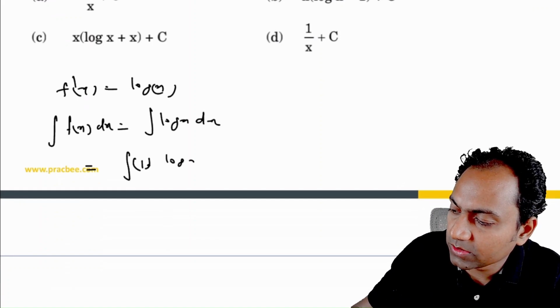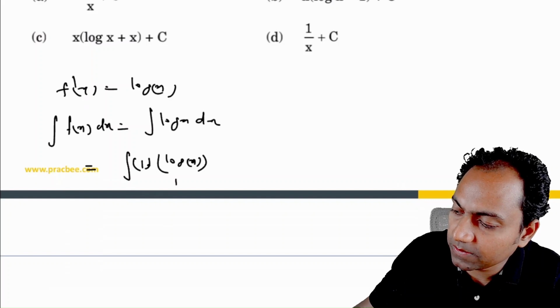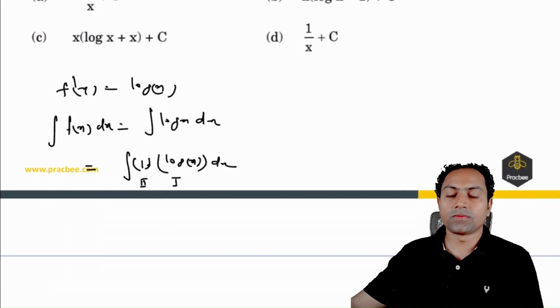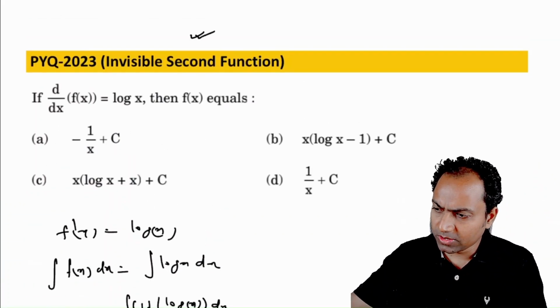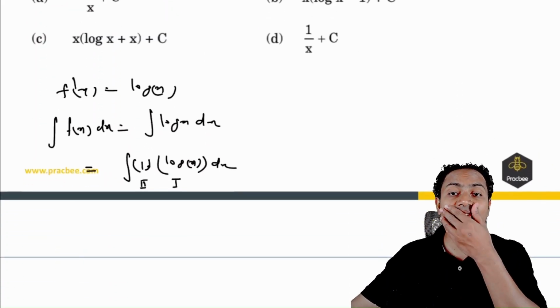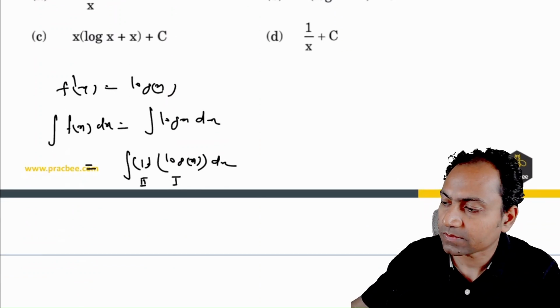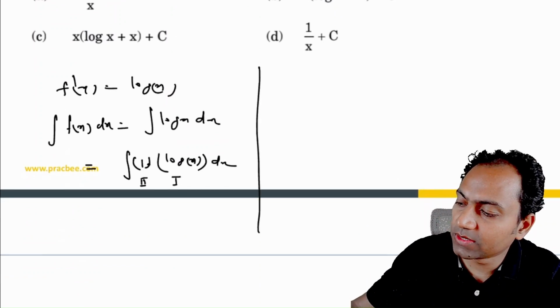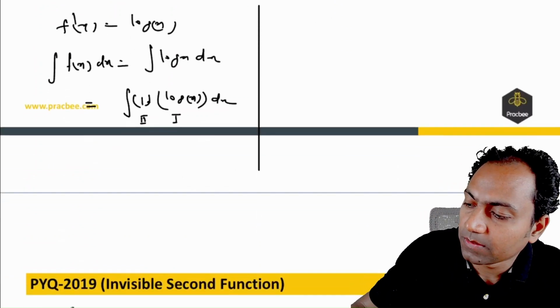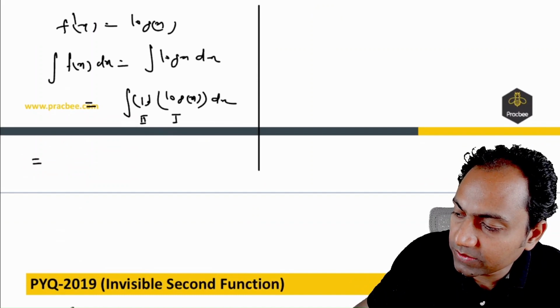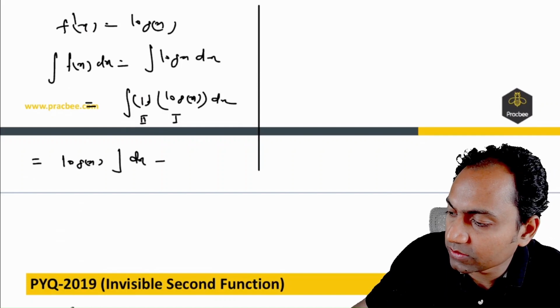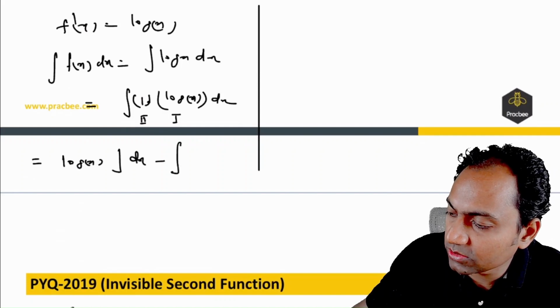So for the first function we will take nothing but again log x, the same thing that we did earlier. But the second function is nothing but 1 in this case. So I call this kind of question invisible second function. The second function was not invisible, we took it to be 1. And now after this, the question becomes very simple, because you can apply by parts. So it will become first function, that is log x, into integration of second function minus integration of differentiation of this.